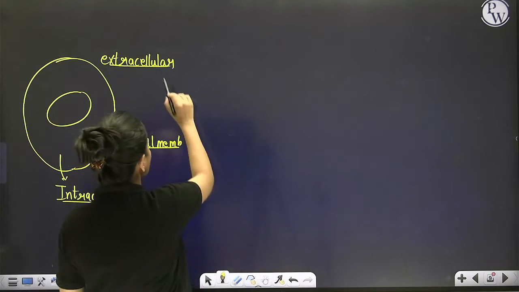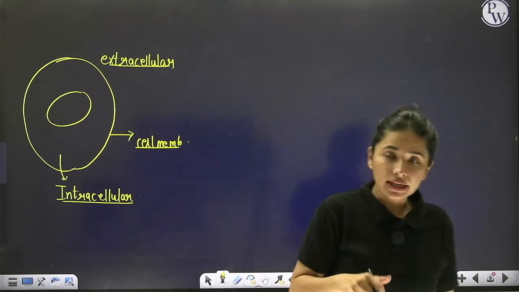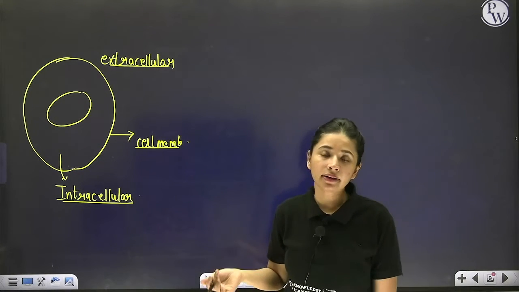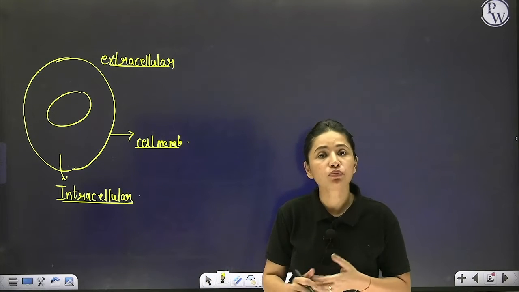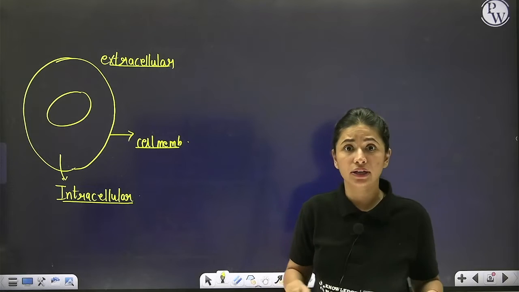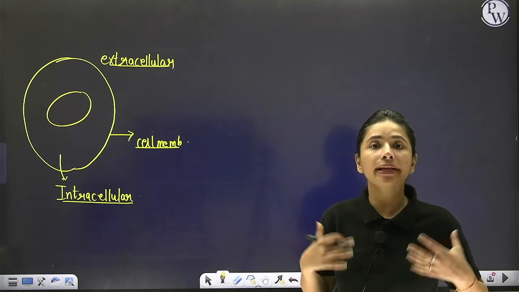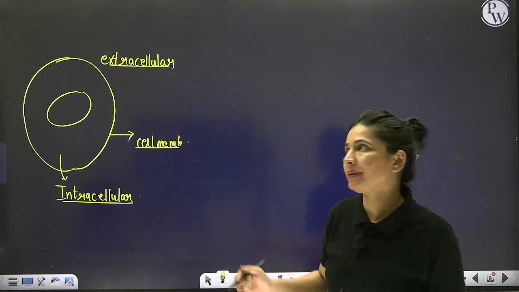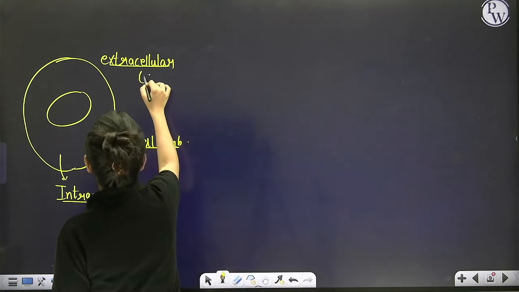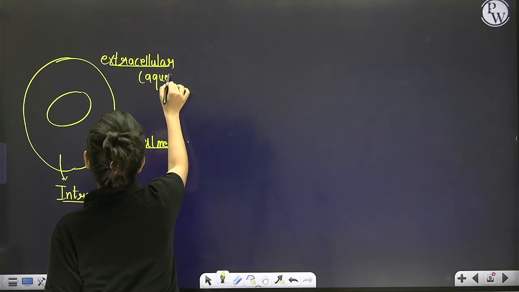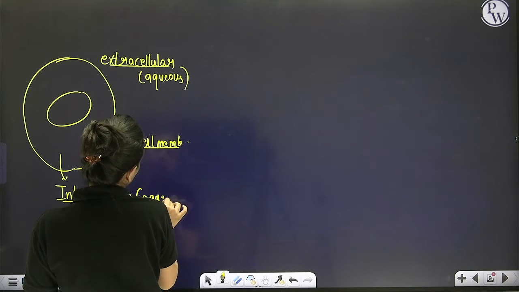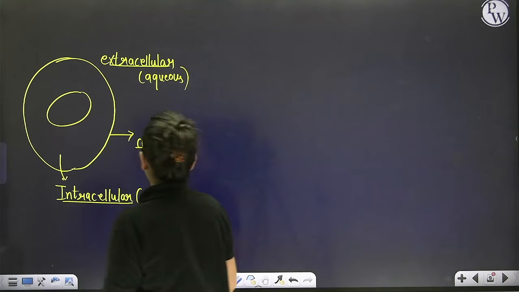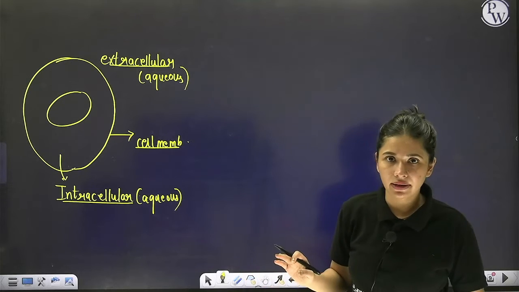Both extracellular and intracellular regions are aqueous in nature. That means they have water. It's not vacuum; it's filled with fluid. Aqueous means watery, fluid. I hope this much is clear to everyone.